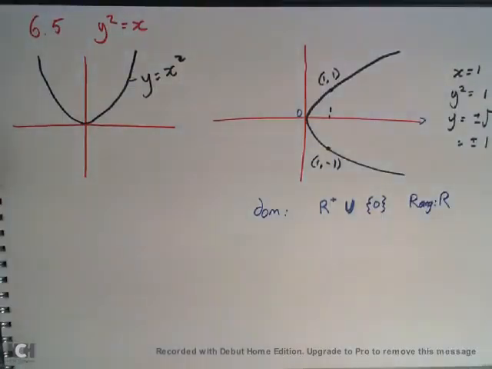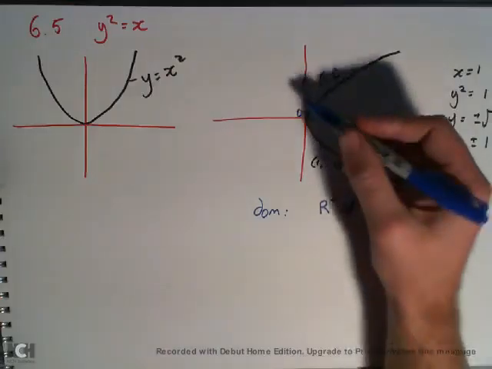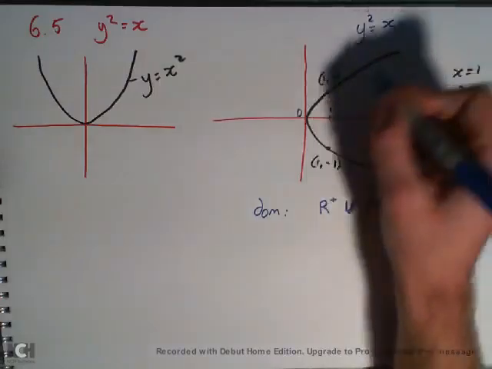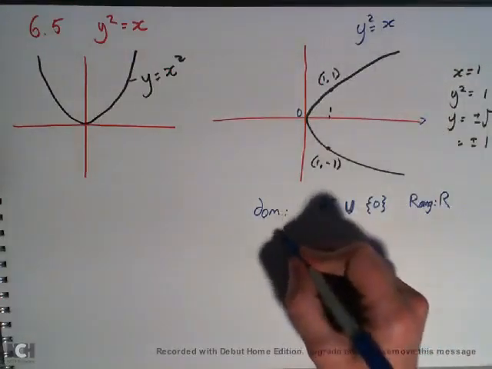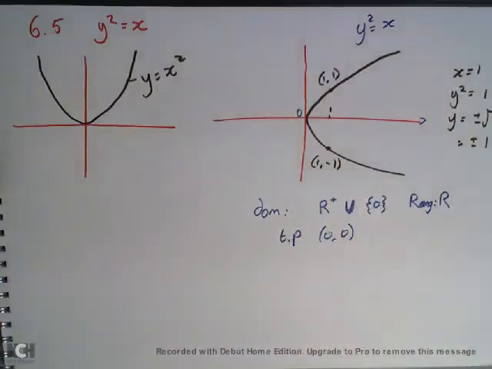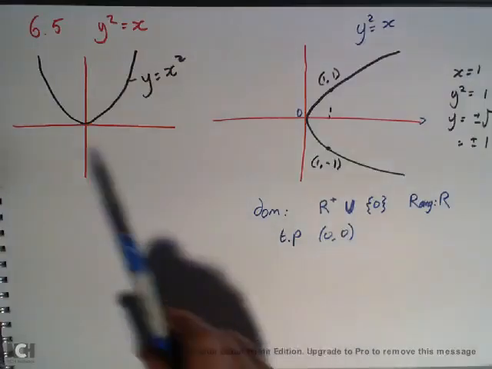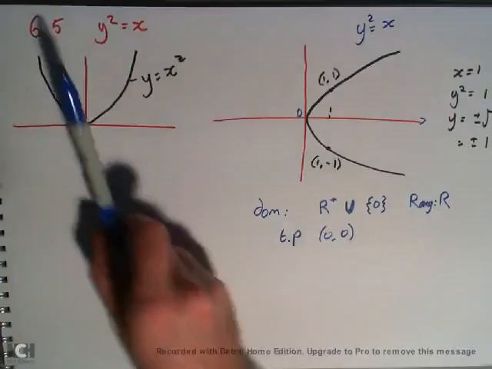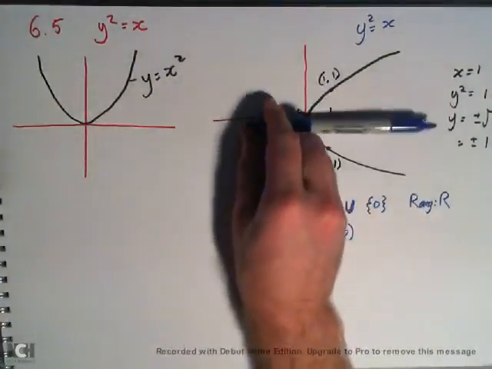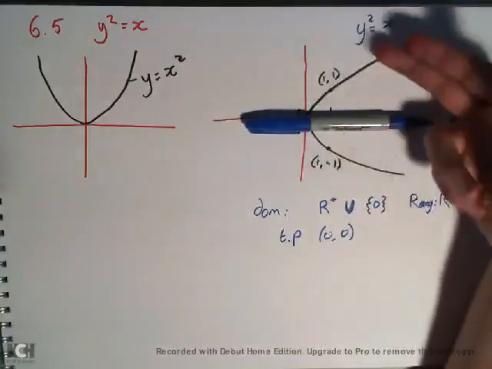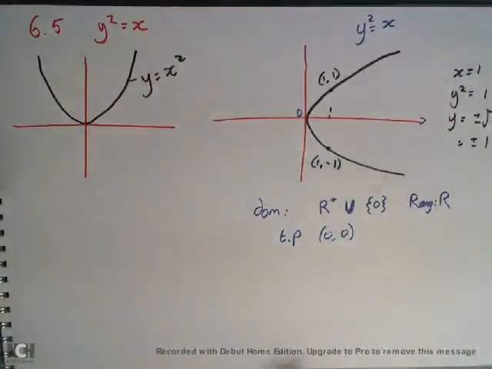Turning point, sometimes we call that a vertex. For y squared equals x, we're going to have a turning point at 0, 0. We've got an axis of symmetry. Usually it's vertical, like our x squared graph. This time our axis of symmetry is actually horizontal. So all these numbers are reflected by each other.